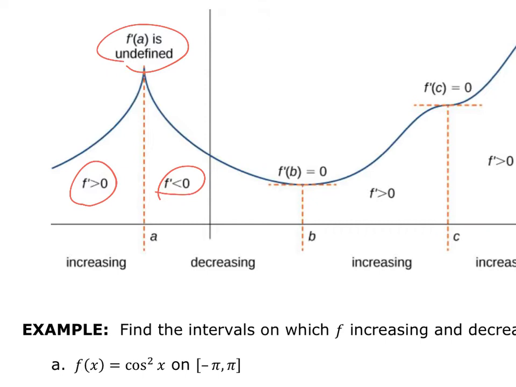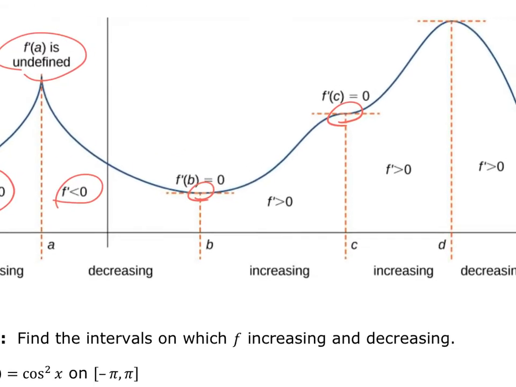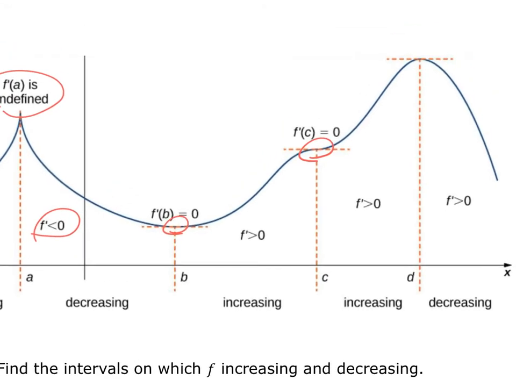It could have been a vertical slide. Here, my derivative is 0, so I have a turning point. It's a critical point. Here is also a place in which my derivative is equal to 0, and that is a horizontal slide. I have another place in which my derivative is equal to 0. Now in this region, my derivative is greater than 0 and less than 0. So increasing, increasing, and then decreasing.